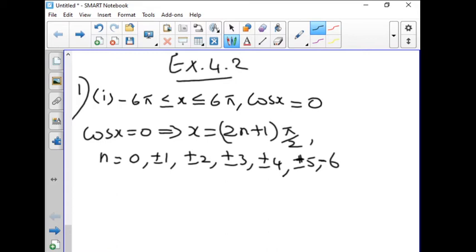If you substitute n is equal to 6, what do you get? 12 plus 1, 13. 13 pi by 2 will be greater than 6 pi. Therefore, we are not taking plus 6. Is it clear? Similarly, we have done this in exercise 4.1, second subdivision, sin x is equal to minus 1.